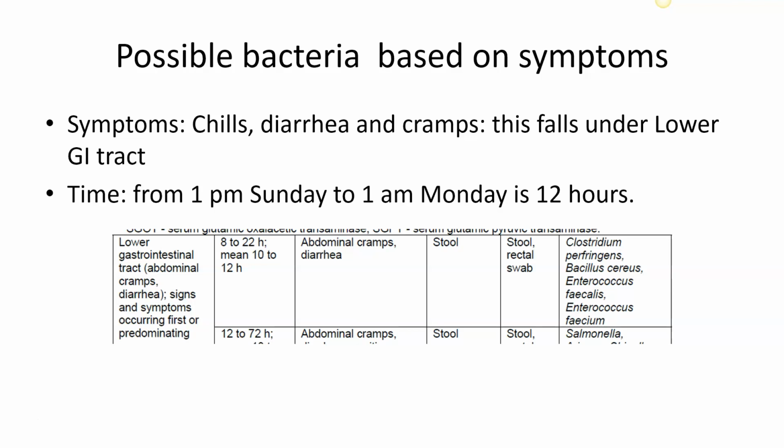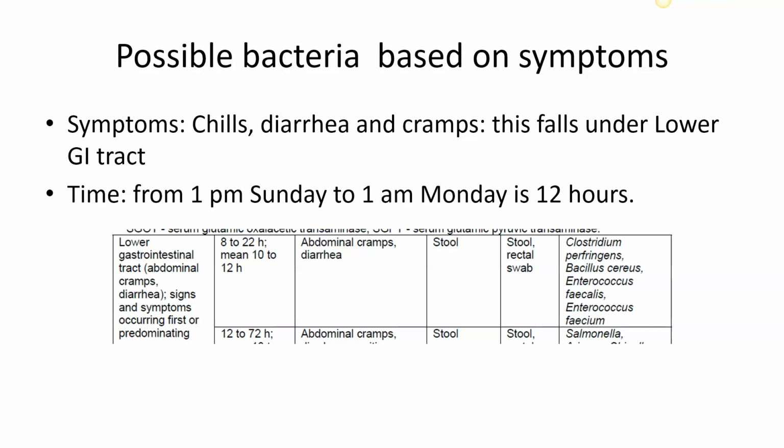The mean is 10 to 12. That fits. Abdominal cramps and diarrhea, that fits. What you want to analyze is stool. You're going to take a rectal stool swab, and we're going to let them teach you how to do that in nursing, because we are not doing that in our laboratory.